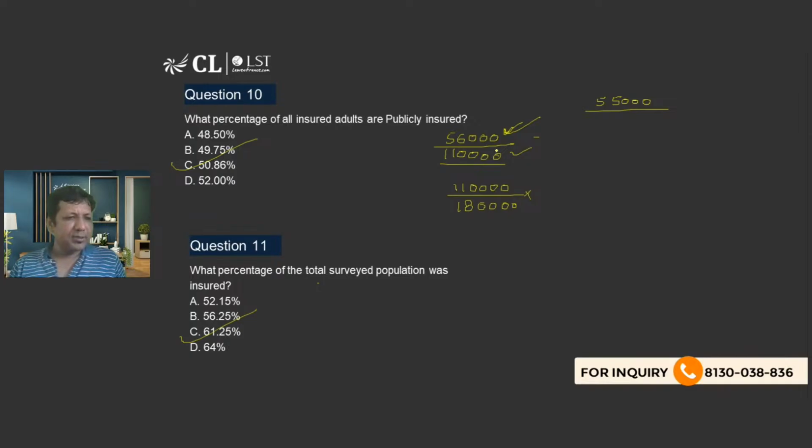Agreed on this? So my answer should be a little greater than 50%, not smaller. That's why I'm not going for option B, I'm going for option C, because my value should be a little greater than 50%. Make sense?